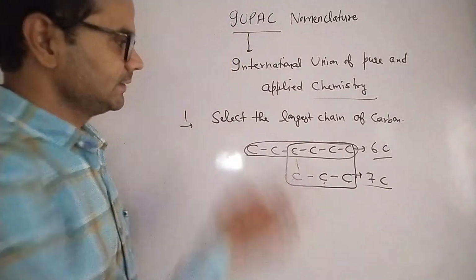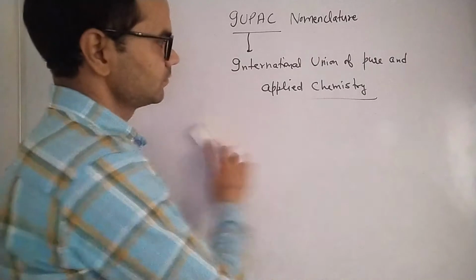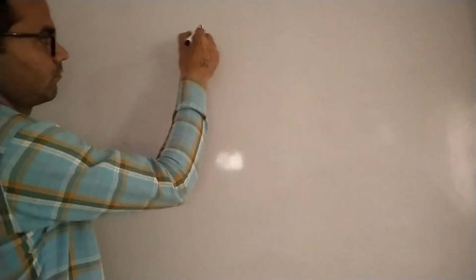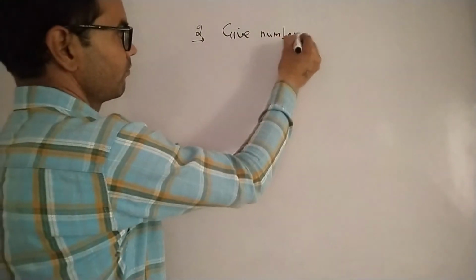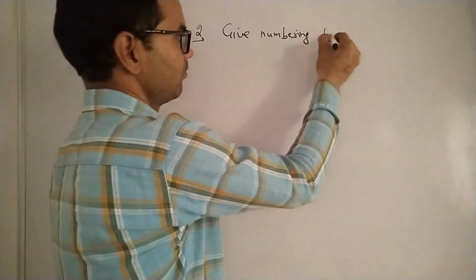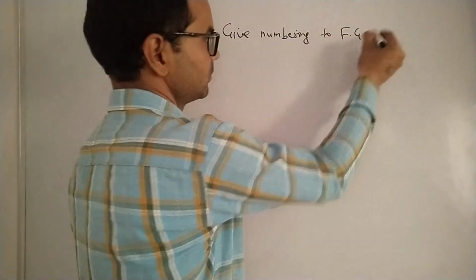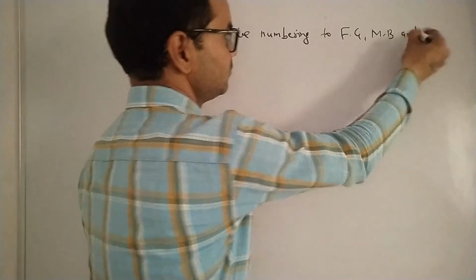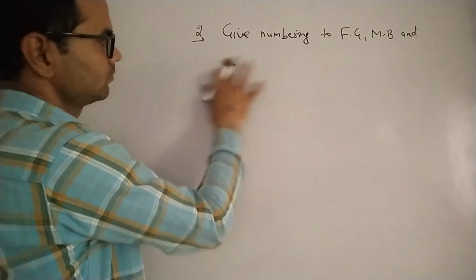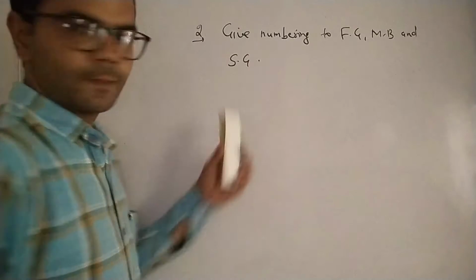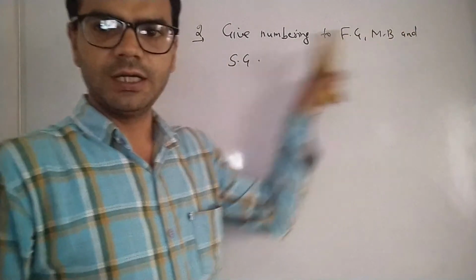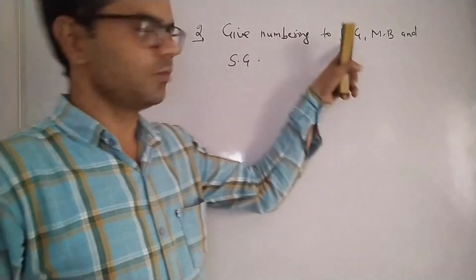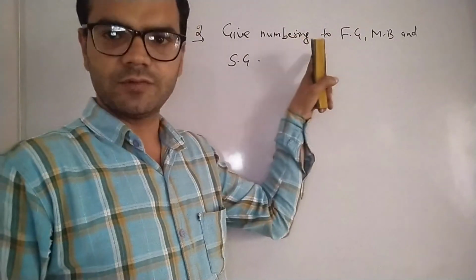Now rule number two is: give numbering to functional group, multiple bond and substituent group. Functional group decides the chemical nature of a compound.